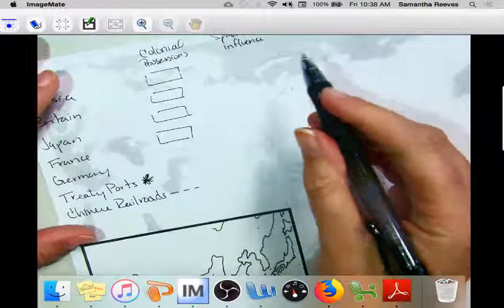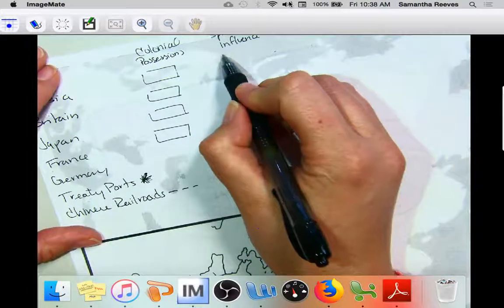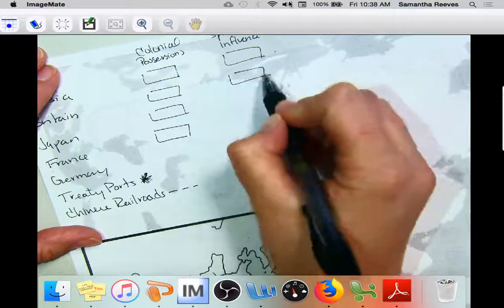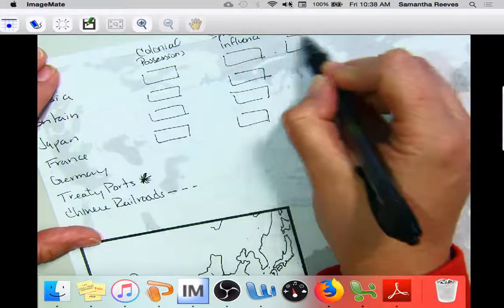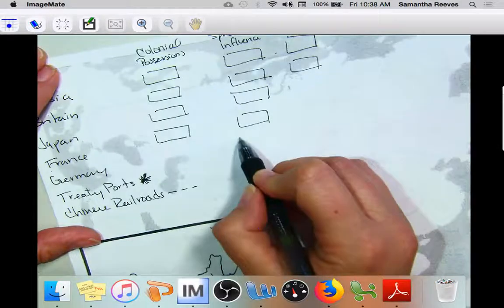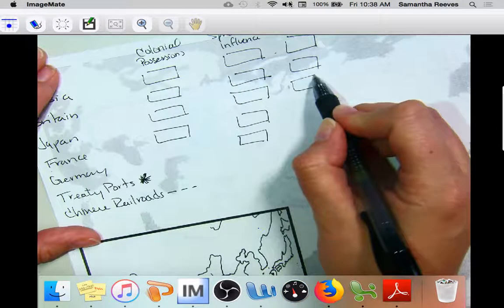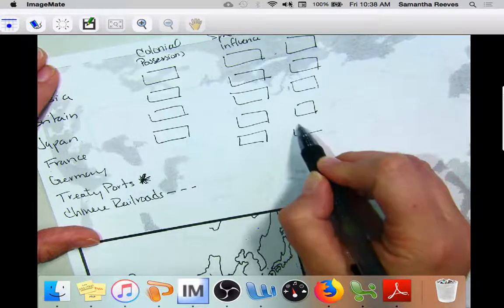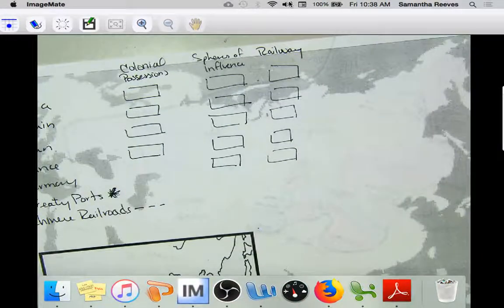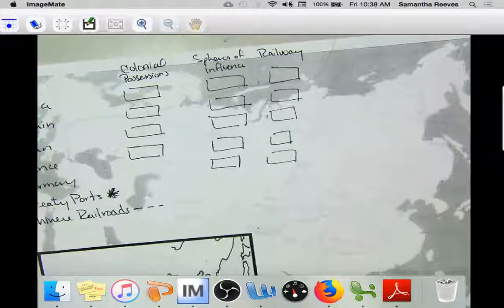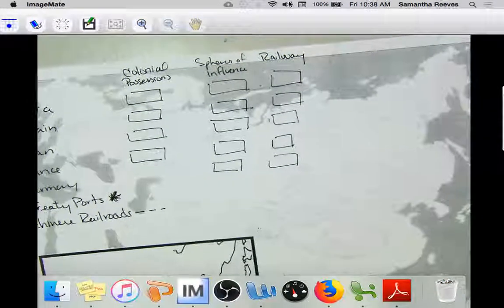Germany does not. Then all of them, including Germany, get a sphere of influence and a railway. That was the easiest part. I hope you enjoyed that.